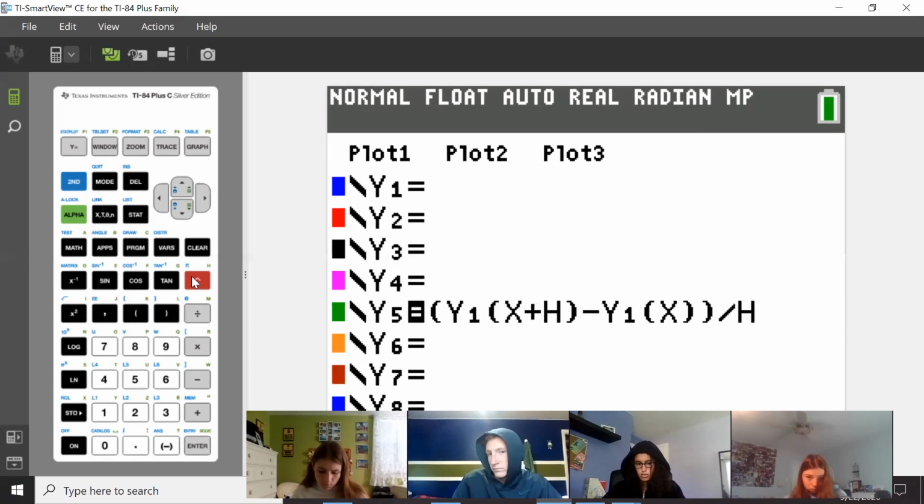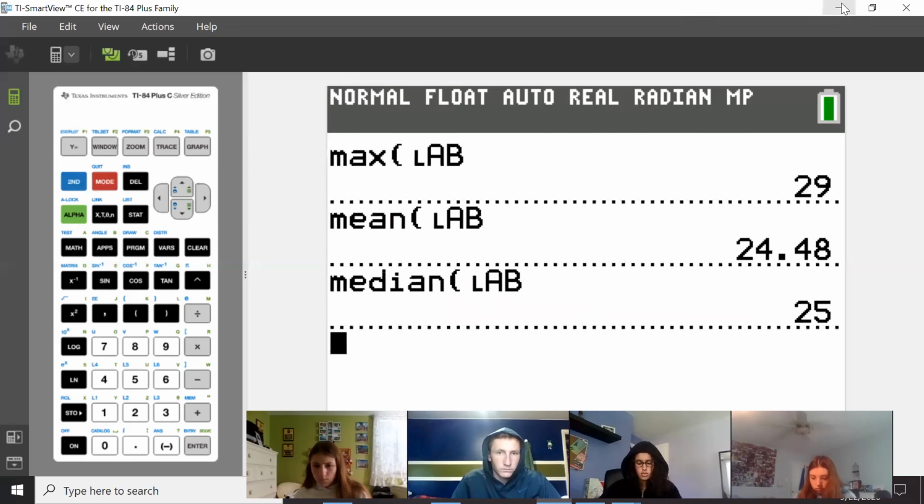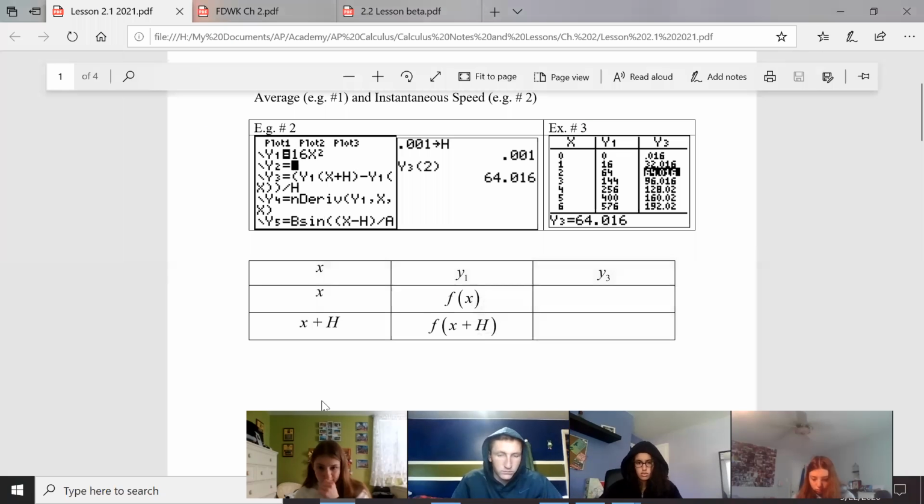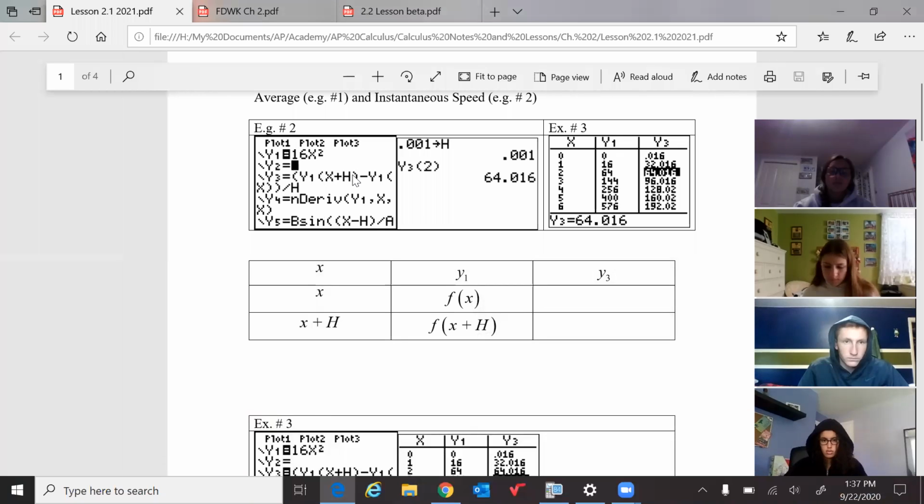And the point is, this is based upon what you have in y1. So you can just have this out of the way, turn it off, and when you need the instantaneous slope of y1, you turn on your y5. So I'm going to go back here. And I have it in y3, it doesn't matter. So now on the home screen, you type in 0.001 store alpha h.